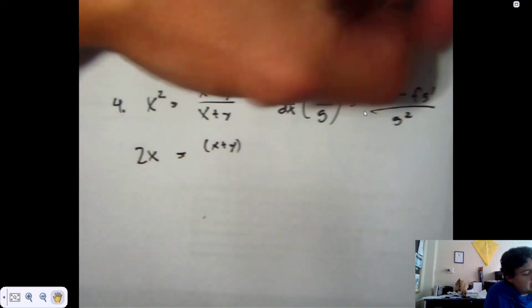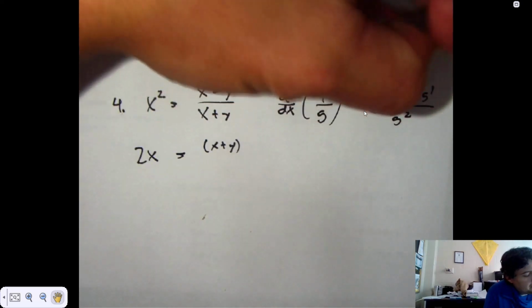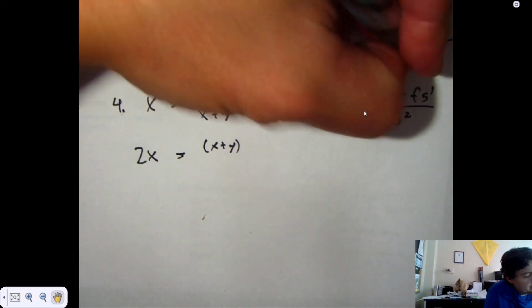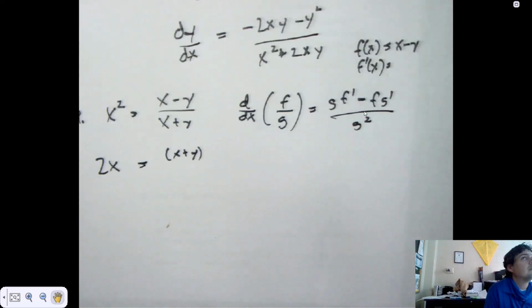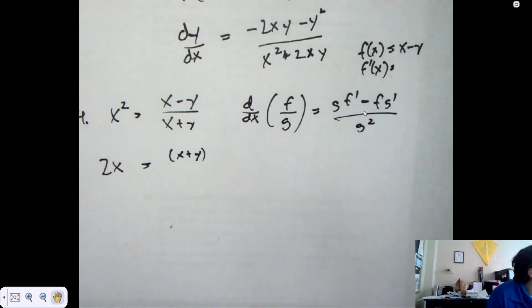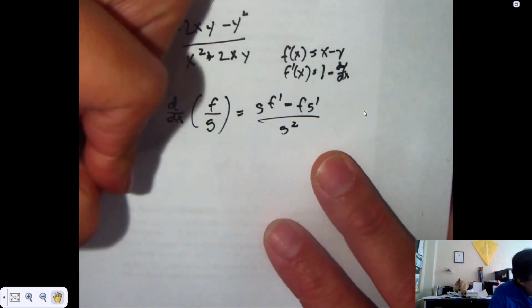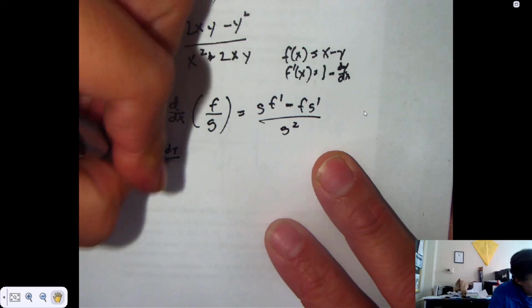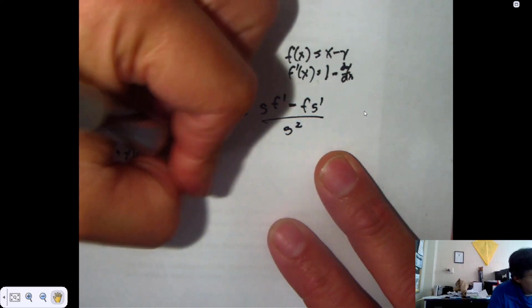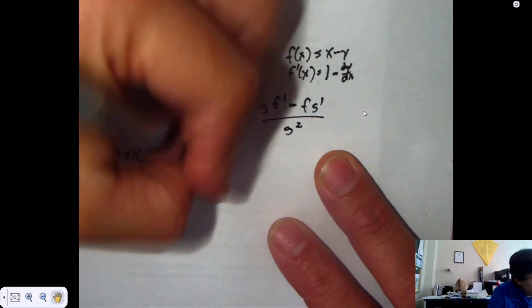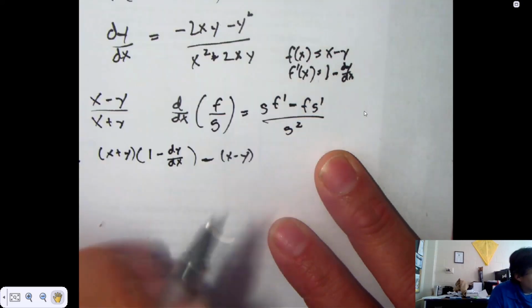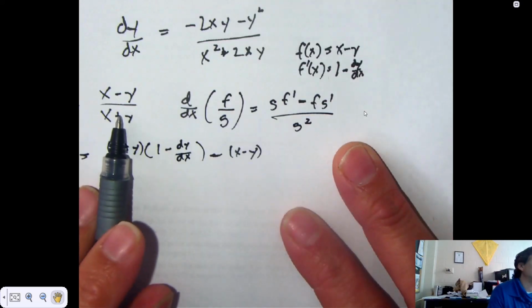All right. Now I'm going to take the derivative of this thing. This is f. f of x is x minus y. What's its derivative? What's the derivative of the x? 1 minus dy/dx. That's right, because the derivative of y is dy/dx. So 1 minus dy/dx, minus function f, which is x minus y, times the derivative of g, the bottom.